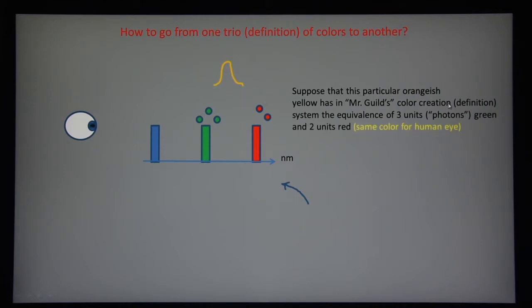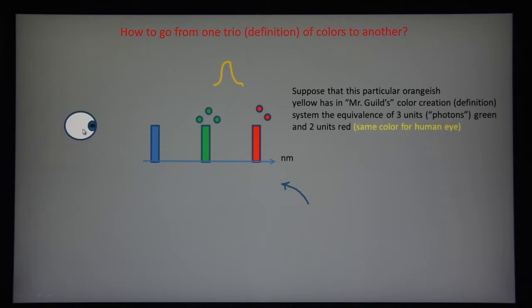Suppose we have Mr. Guild. He has selected this kind of green and this kind of red. So suppose it's a green laser and a red laser, only one elementary wavelength, but it also works for other general lamps with a general green spectrum, a broader one, for example. And let's say we have this test color of nature, which is some yellow thing.